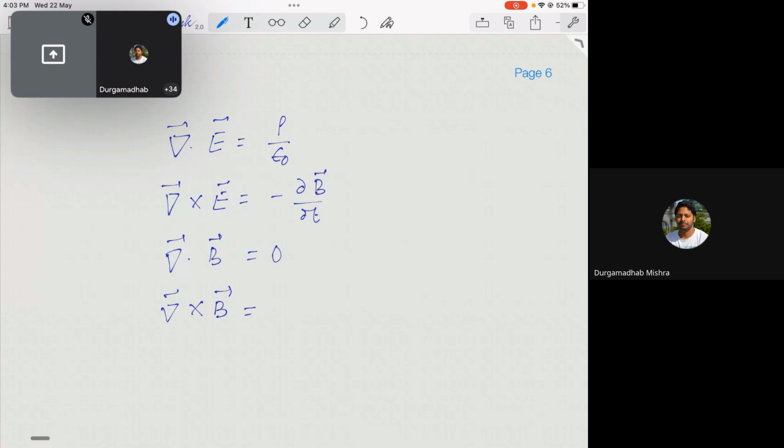Curl of B will be equal to... This set of Maxwell's equations captures all of electromagnetic theory.